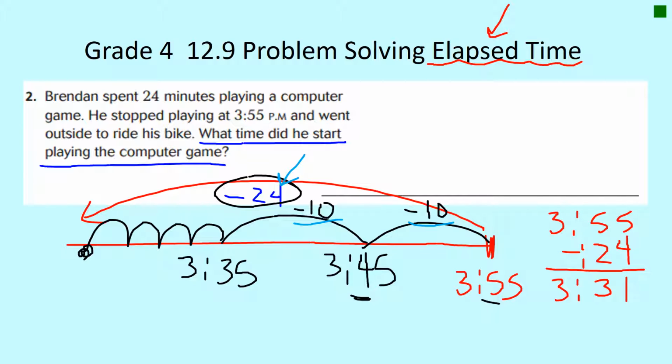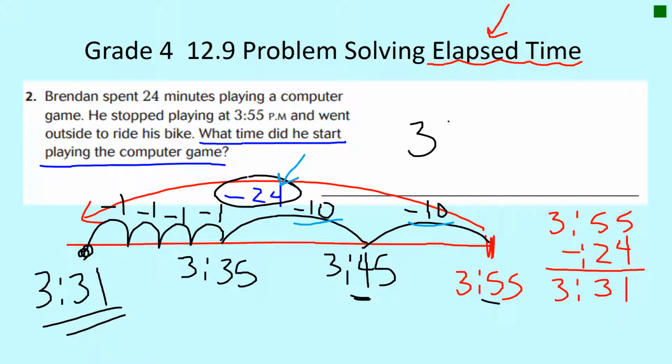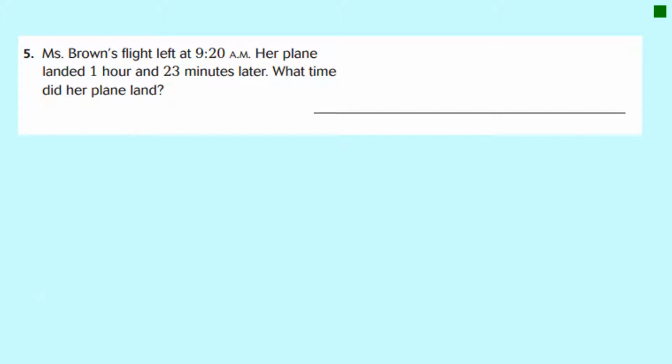That's 3:31, which is what time he started playing. So that would be minus 1, minus 1, minus 1, minus 1, those other 4 minutes. So 3:31 p.m. We did that one 2 ways, right? All right, let's keep going.